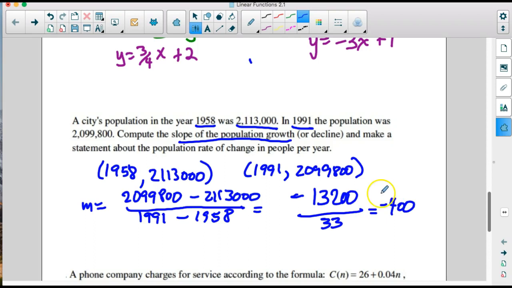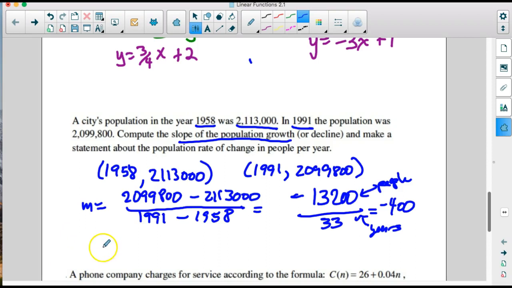Okay, so then it says make a statement about the population rate per people. So this is saying we just divided the population by years. So this is a rate. This is people up here, and this is years down here.